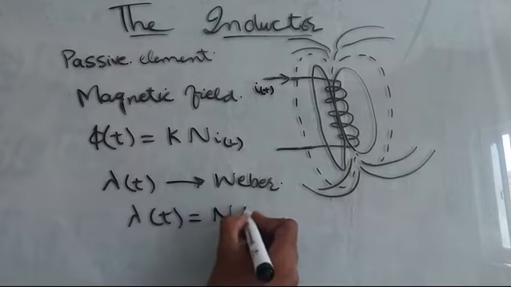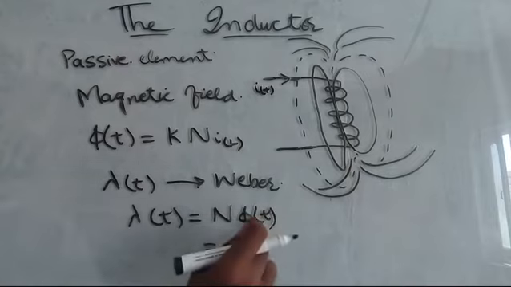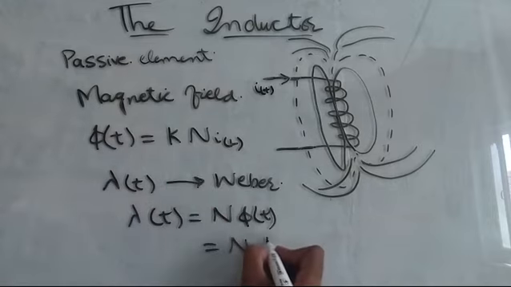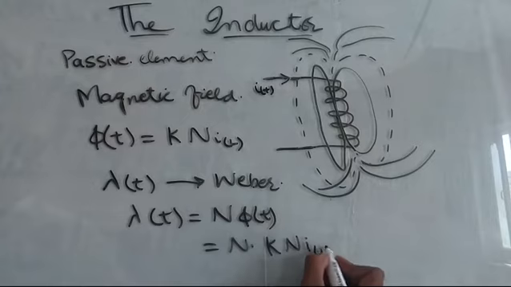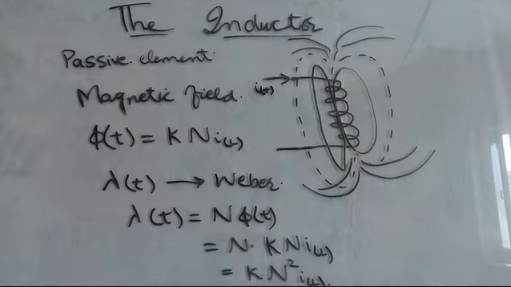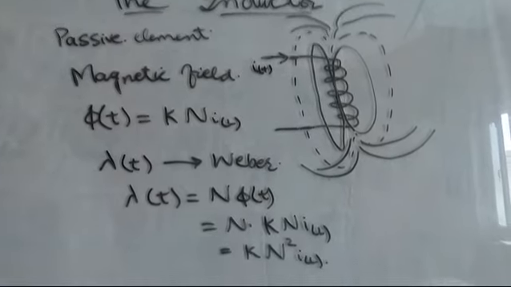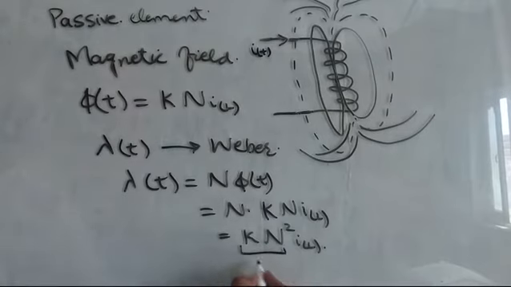The total flux phi is equal to K times N I L, so it will be K N square I L. This term K N square is called inductance L, and the unit of inductance is Henry, after the name of Joseph Henry.